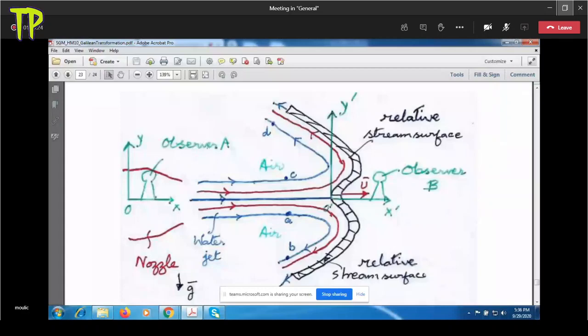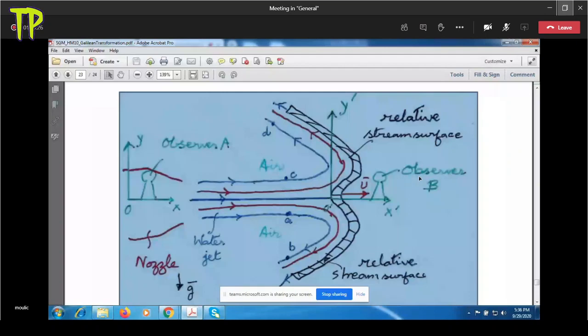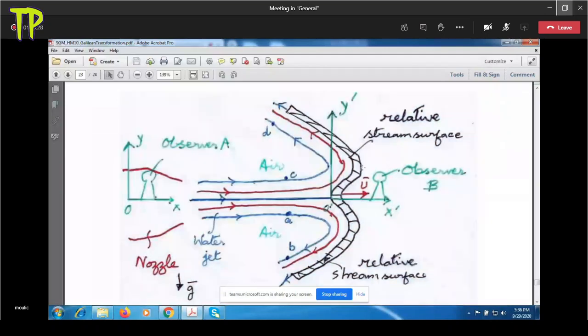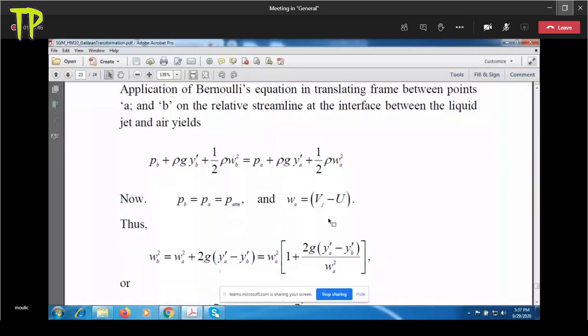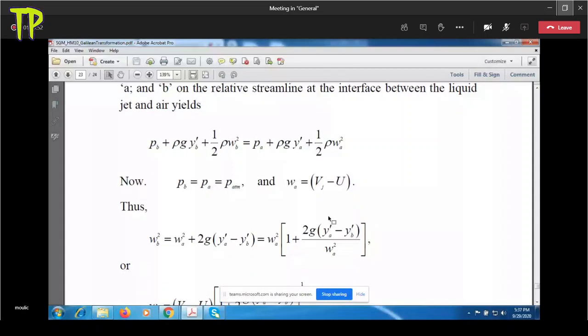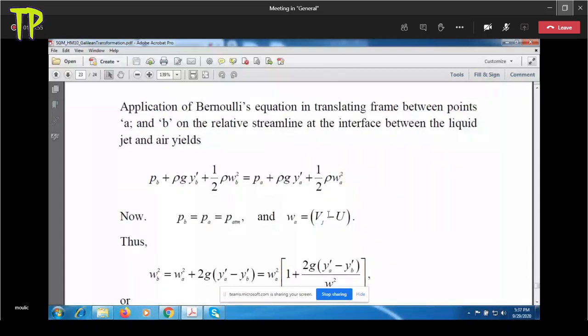Relative to observer B, sitting on this moving frame, the streamline pattern is steady and the flow is steady. Therefore, if you take the velocities as measured by observer B, which is the W velocity, then you can apply Bernoulli's equation in the translating frame. This is the physical concept that you must understand. And I've given you an outline of the mathematics, why this should be the case.